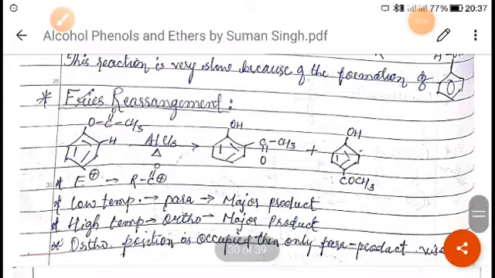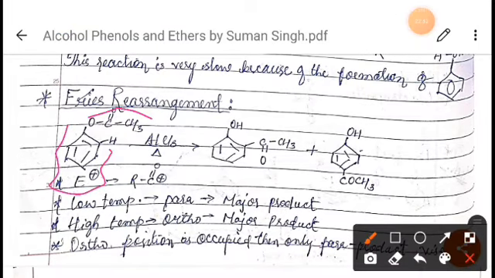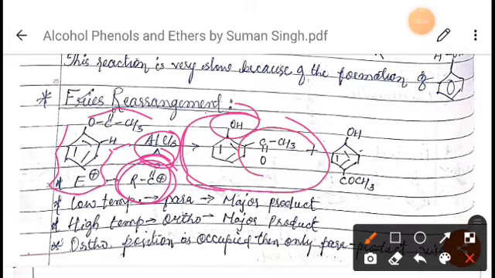As you can see here, we have taken this. Here the electrophile is RCO, as you can see. When we use AlCl3 and heat this, in place of this H we get this, right? Here we have OH, and this will come here.